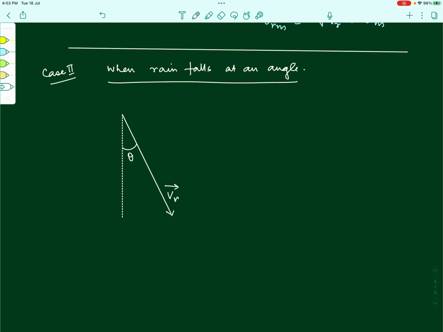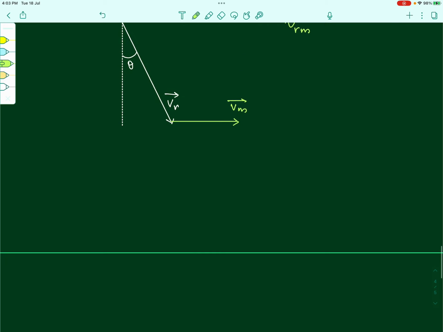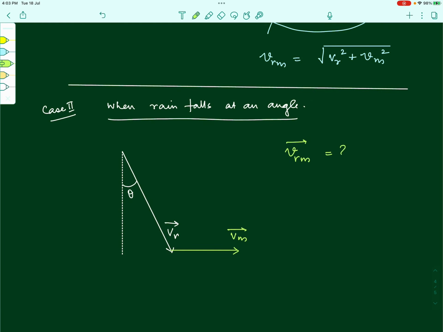And now the man is moving in this rain in this particular direction, let's say horizontally with a velocity Vm, which will have a magnitude, and the direction as shown here is towards right. Now the situation once again is, what is the velocity of the rain as seen by the man? How does the man see the rain to be falling down, right?